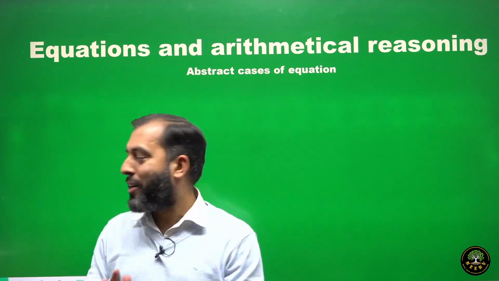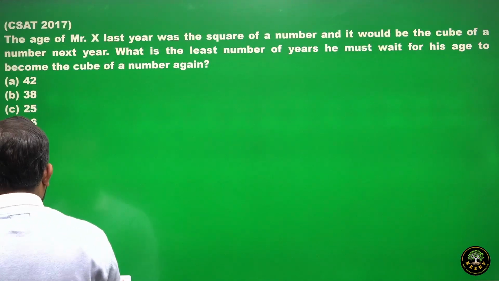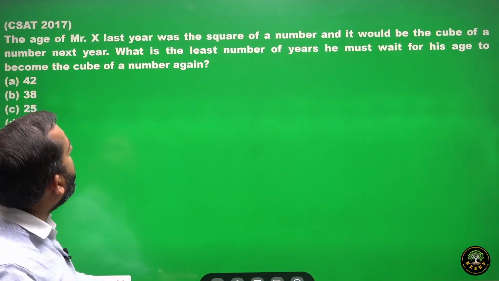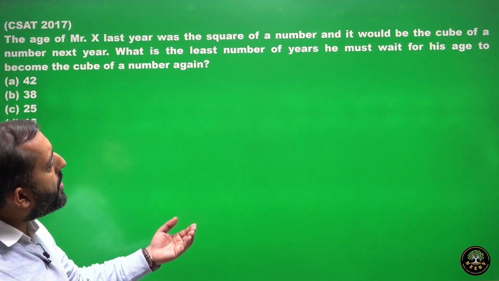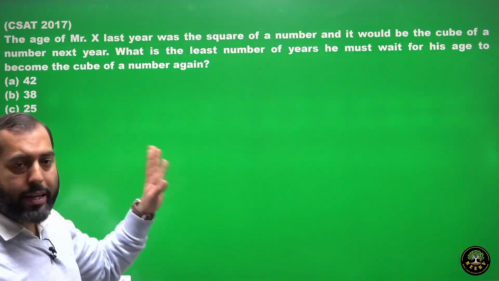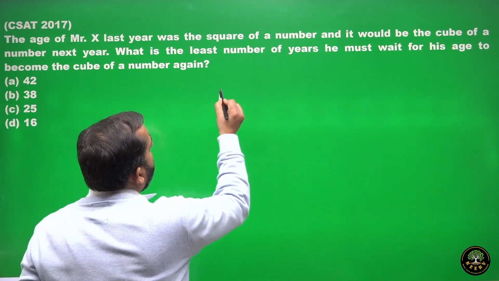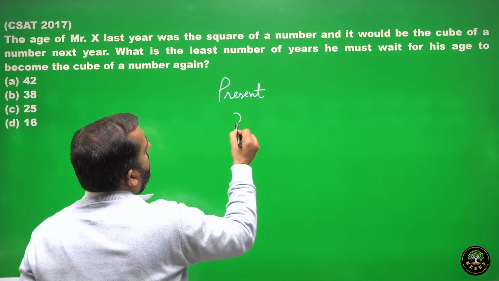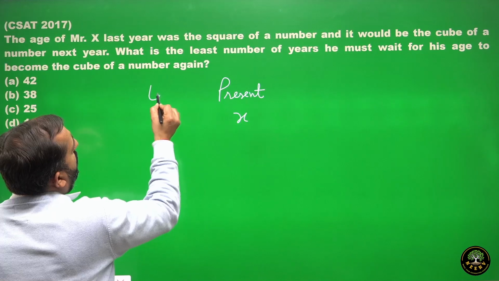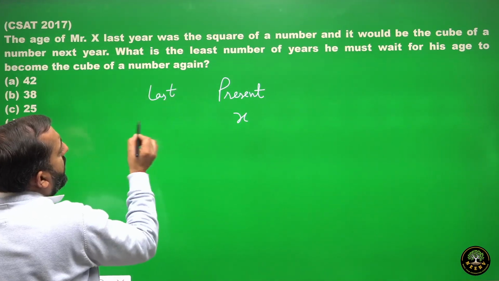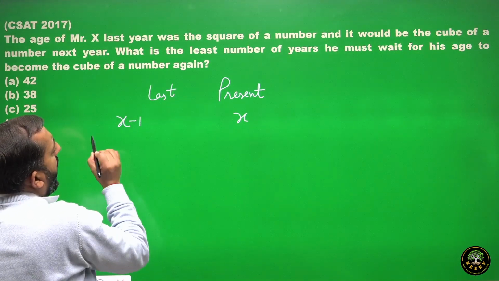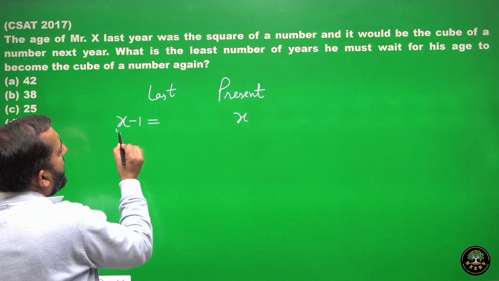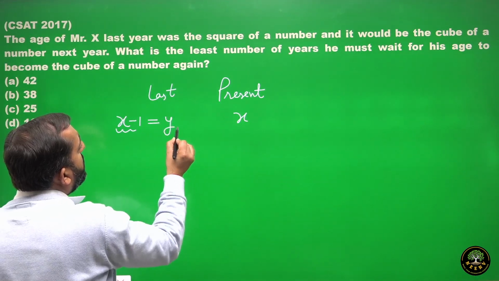Let's check it out. So question number 1, it says the age of Mr. X last year was square of a number and it would be cube of a number next year. So let us assume at present his age is x. So last year his age should be x minus 1, and it is given to us that this x minus 1 is square of a number.